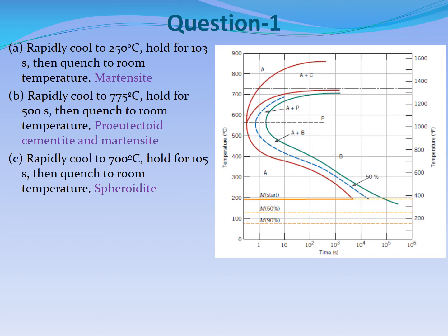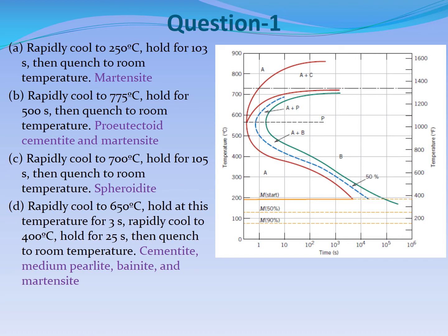So you just see that here, according to this green diagram, you have done complete transformation. So everything has been converted to perlite. But remember now, go back and read quickly how spheroidite was formed, and then you will see, oh yes, by this method in part C it is spheroidite.